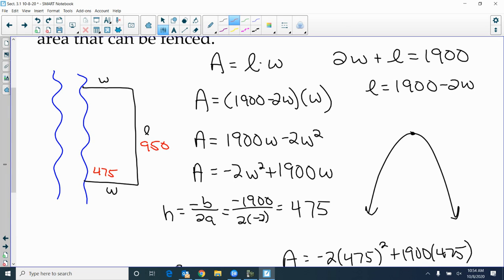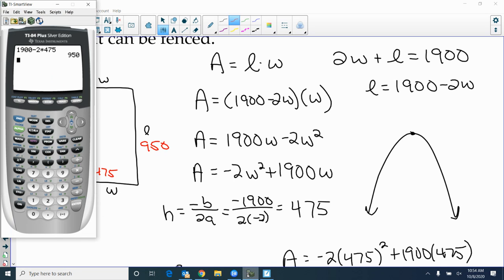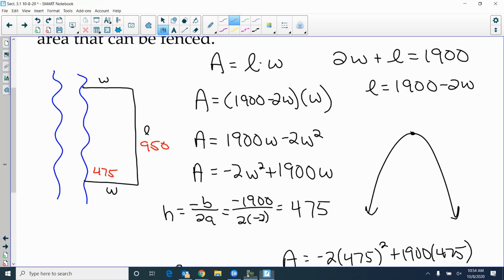Well, how do you find the area of a rectangle? Length times width, right? So it's 475 times 950, which is the same thing. So you can plug it into the function. That's absolutely fine. You can say, all right, what's the width? What's the length? So that gives you the W where the maximum area happens, 475.